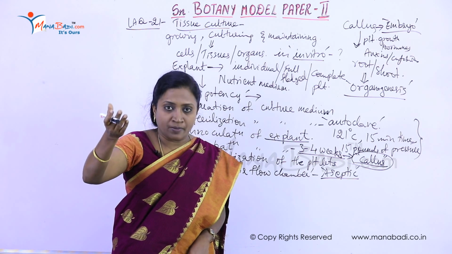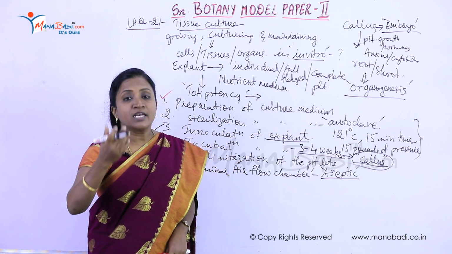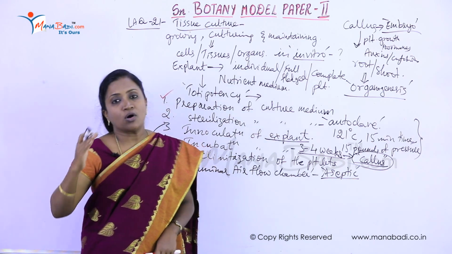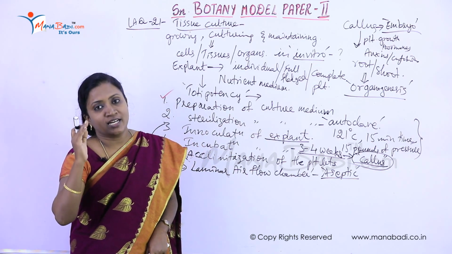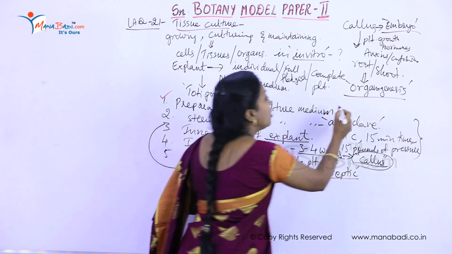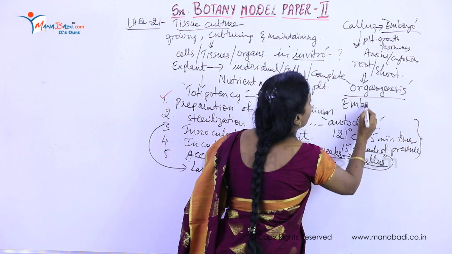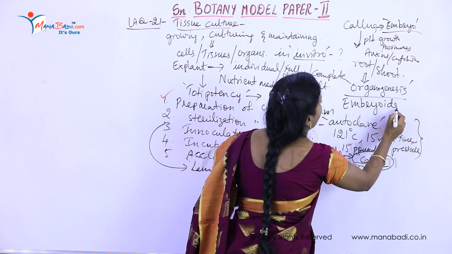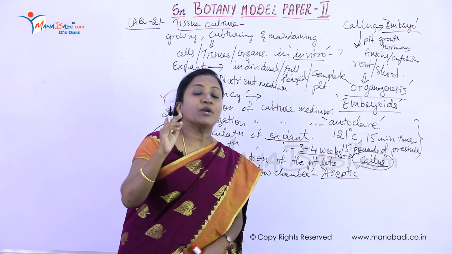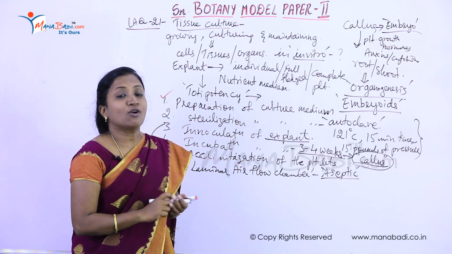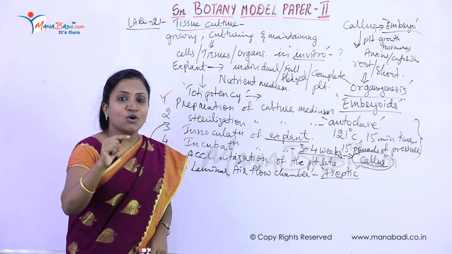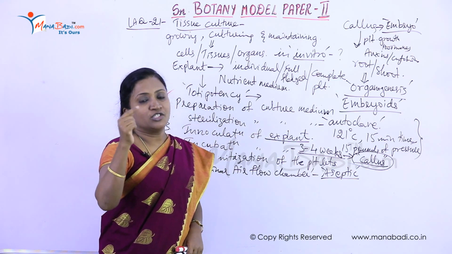This process of development of embryos from callus is called embryogenesis, and these embryos formed from the callus are called embryoids. They are also called somatic embryoids, and the process is called somatic embryogenesis.